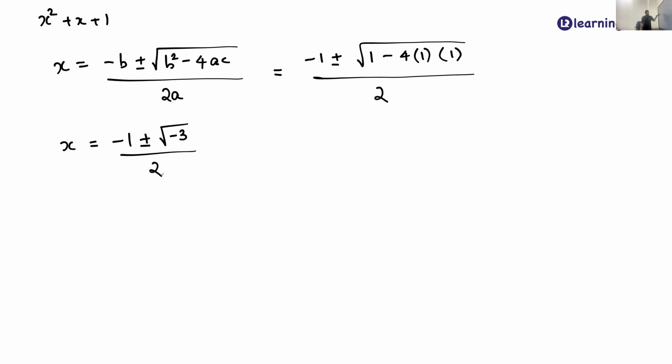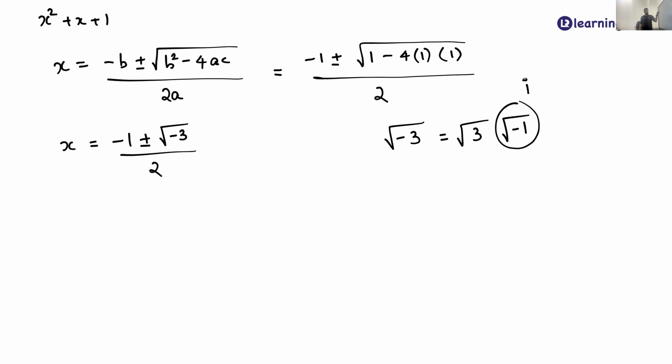So this square root of a negative number is what is called an imaginary number. So observe, square root of minus 3, can I write it as square root of 3 into square root of minus 1? Makes sense? Now, if I need to give a symbolic representation to this root of minus 1, you call that i.